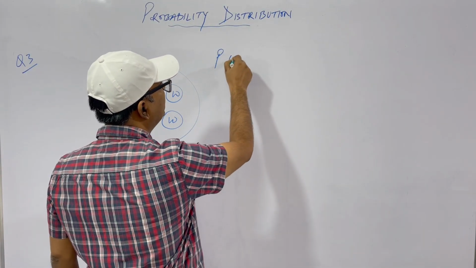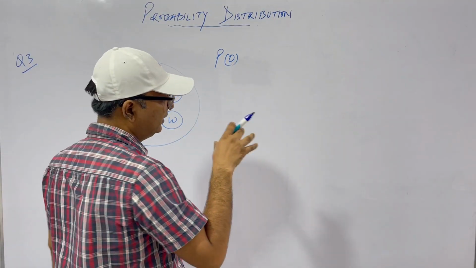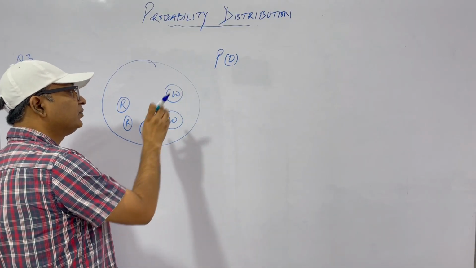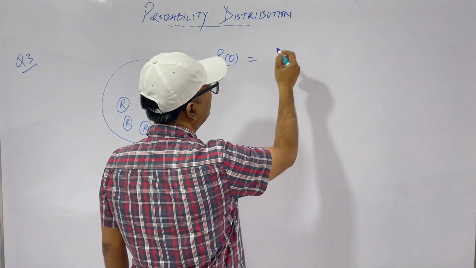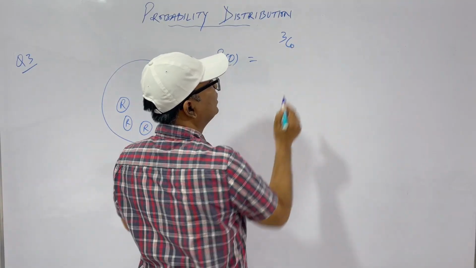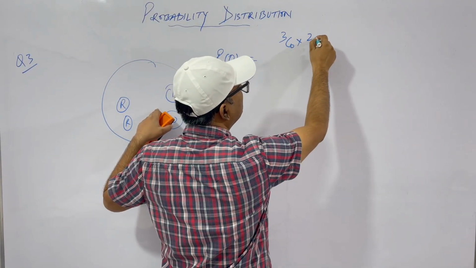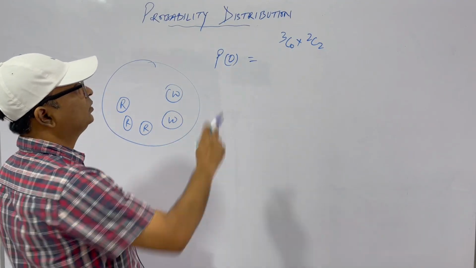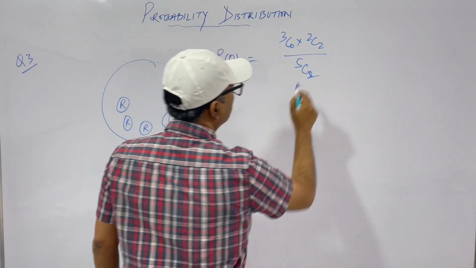Let's say the probability of finding 0 red balls, when we took 2 balls from here and the number of red balls was 0. That is, out of 3 red balls we get 0 red balls, and both balls are white. That is 3C0 into 2C2, and total out of 5 we have taken out 2 balls.